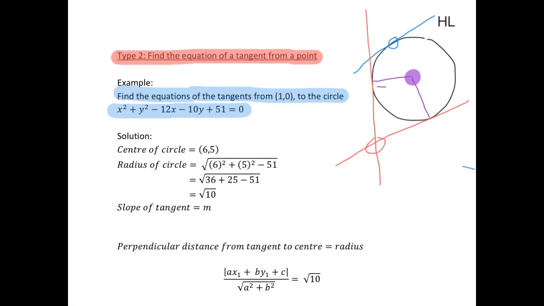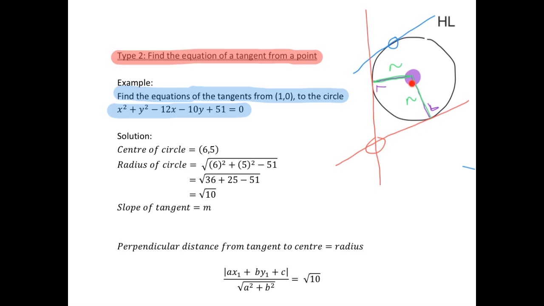We know that those tangents will be at right angles to the lines to the center, and the length of these two lines, now in green, will be equal to the radius of our circle. So the perpendicular distance from our center to our tangents will be equal to the radius length of our circle.